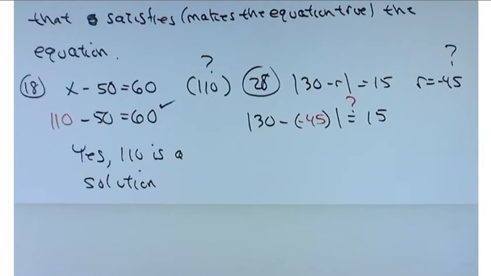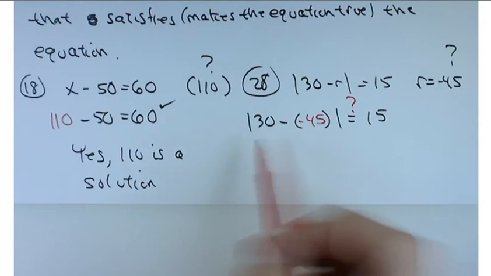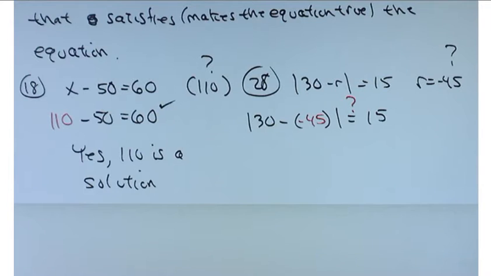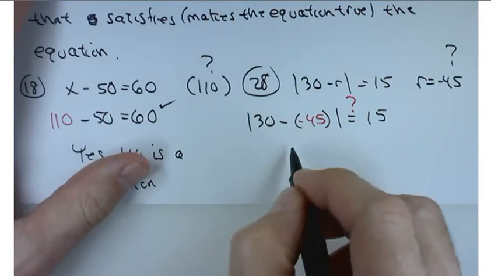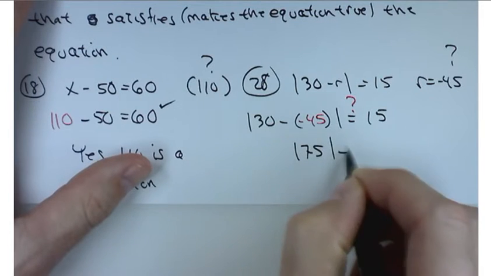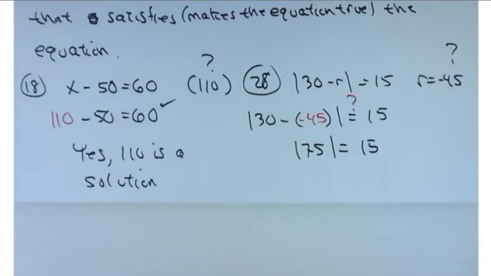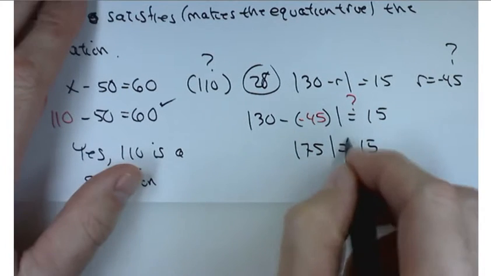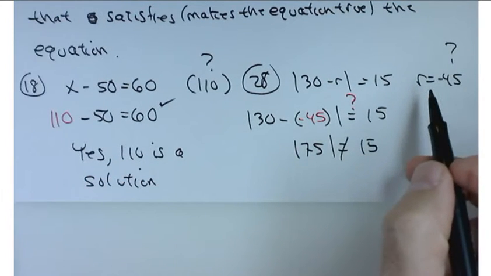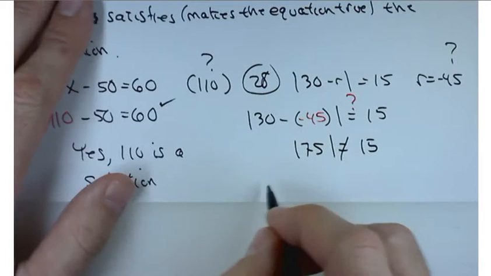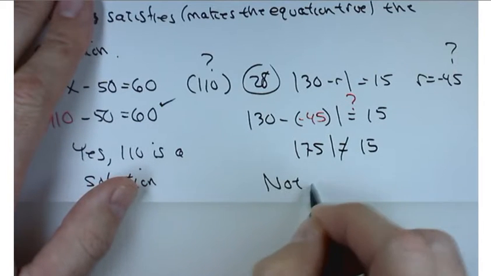So, Karanja, how does what's inside the absolute value simplify? Good. That's a plus, so you get the absolute value of 75. Thank you. So, does the absolute value of 75 equal 15? No. So what's that telling me about this as a solution? Not a solution.